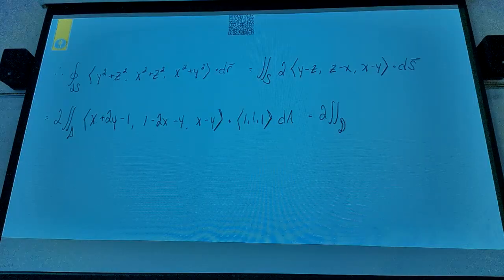Do that dot product. All you're doing is you're adding all the components, right? Because you're just dotting it with 1 1 1.